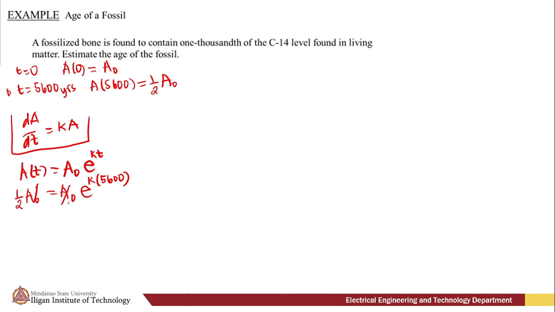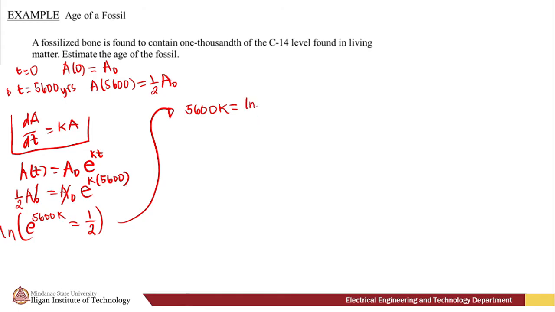Cancel A sub 0. We have e raised to 5,600k equals 1/2. Applying ln to both sides of the equation, ln of e raised to 5,600k is just equal to 5,600k, which equals ln 1/2.